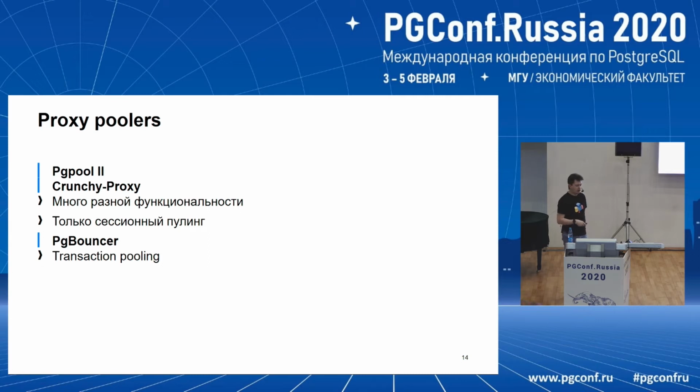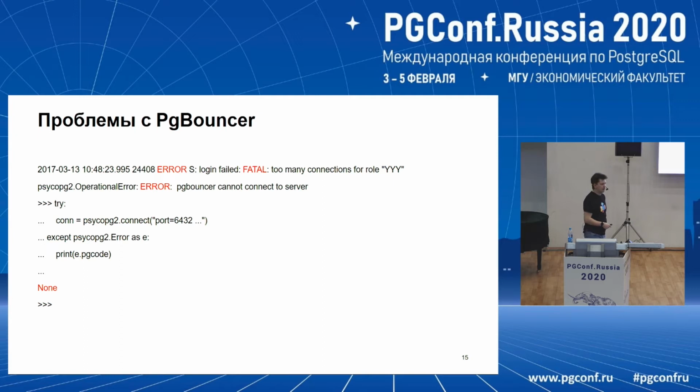And in the majority of cases, for our loads, in one way or another, PgBouncer can be applied, but it has problems. The first thing that you encounter is that PgBouncer has a fairly complex system of diagnostics. PgBouncer just does not tell you why it was unable to open the server connection. So you don't have any error code.